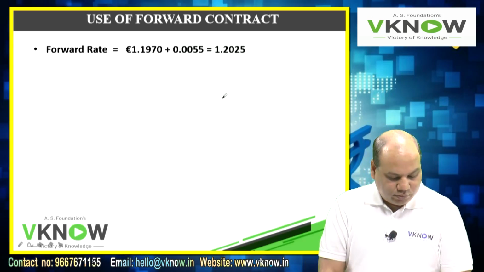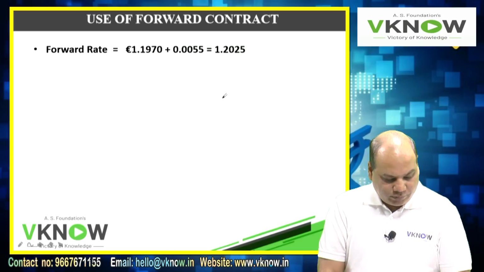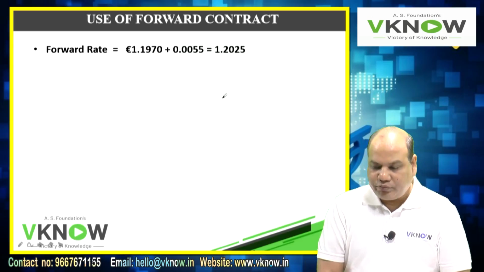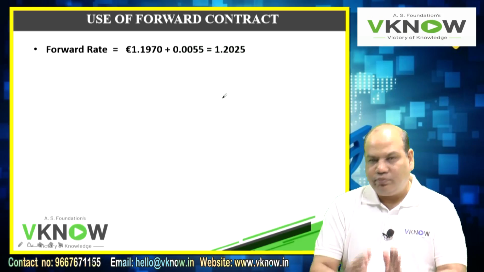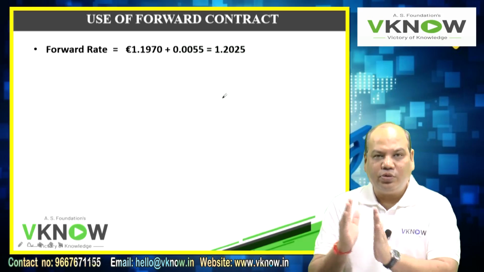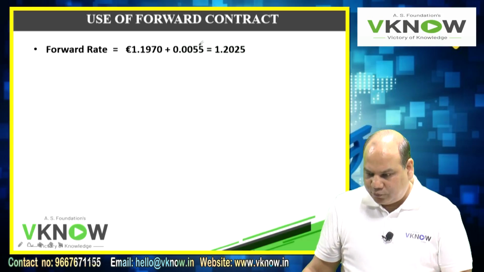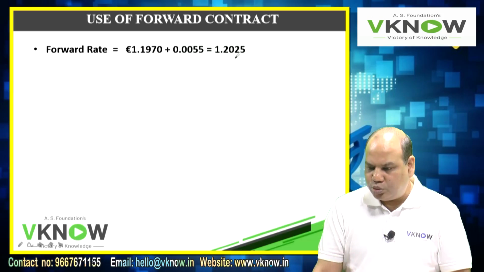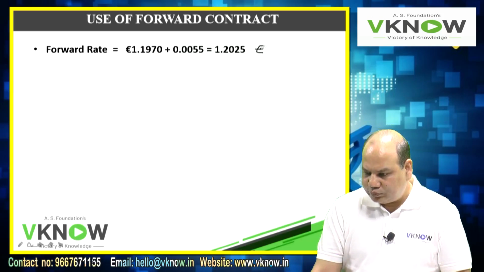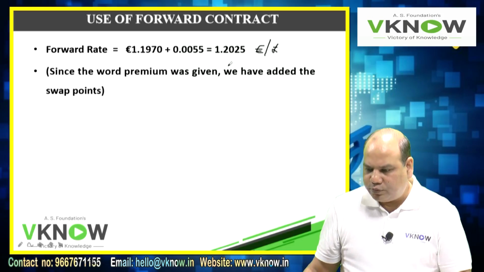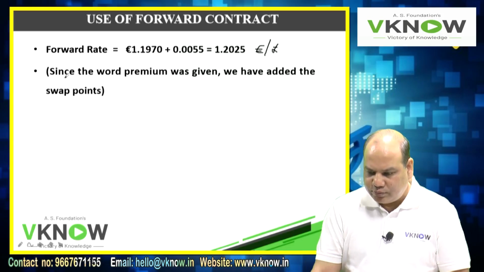Again we will take the selling rate for pound and add the swap points, 0.0055. The swap points are given in 2 digits, which means we are given 0.0055. So the forward rate will become 1.2025 euro per pound.